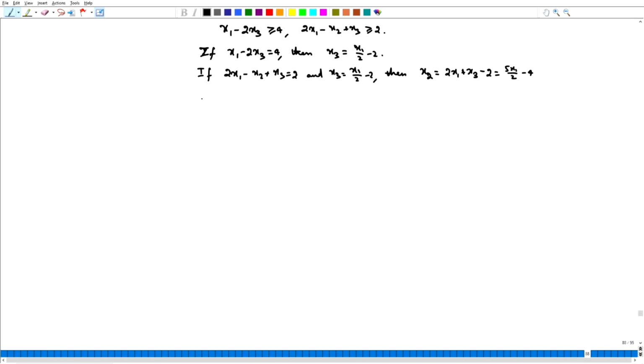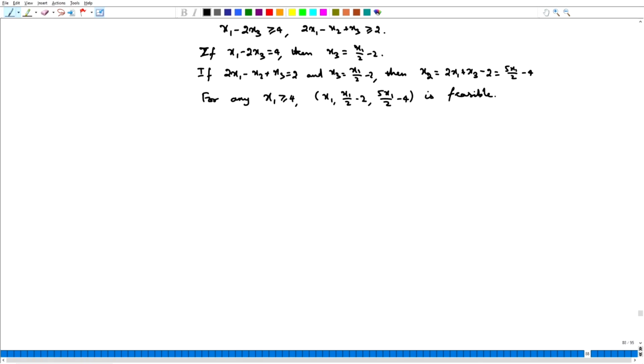So, for any x1 greater than or equal to 4, x1 by 2 minus 2 and 5x1 by 2 minus 4 is feasible. In fact, it satisfies these two conditions with equality. And if x1 is greater than or equal to 4, you can see that all three are greater than or equal to 0 as well, right. So, this is actually feasible.